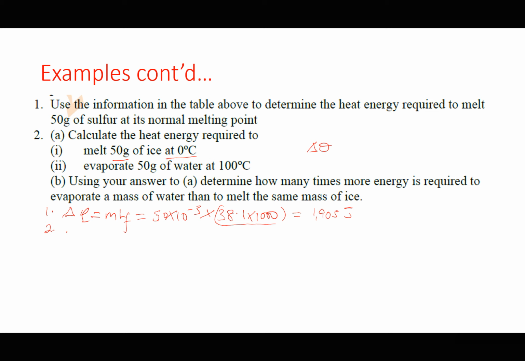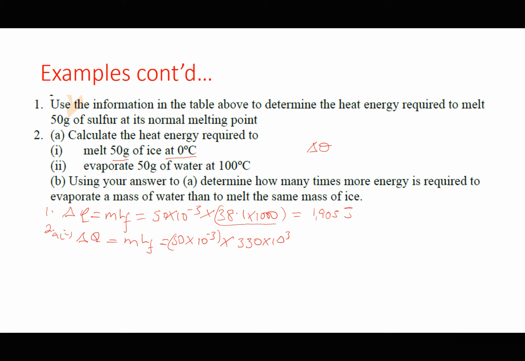So number 2, Roman 1, the amount of heat supplied or required is going to be equal to the mass times the latent heat of fusion. So that is 50 times 10 power negative 3, that is the mass. The latent heat of fusion of ice from the table is 330, so this will be 330 times 10 power 3 because in the table the values are given in kilojoules per kilogram.